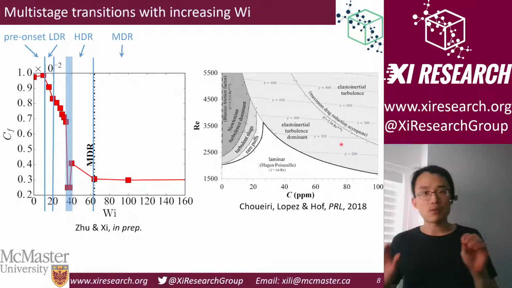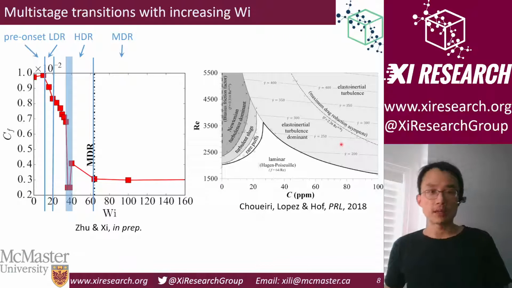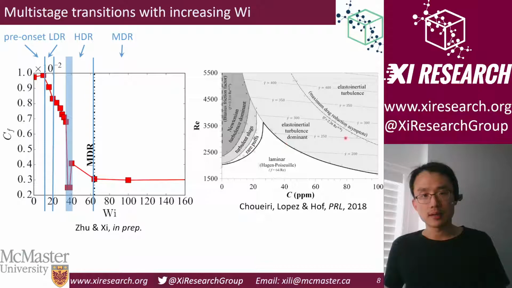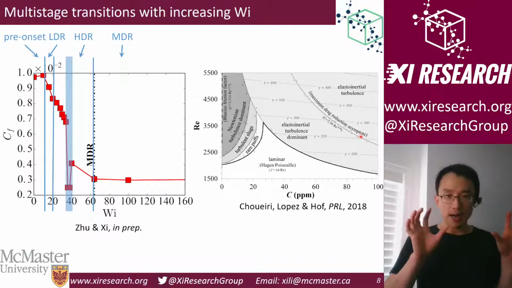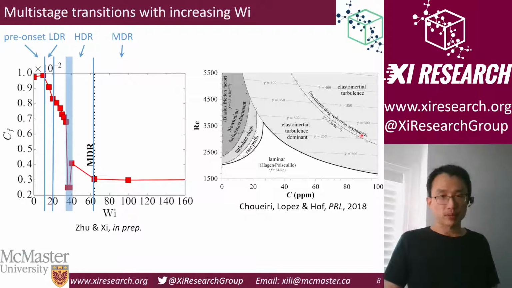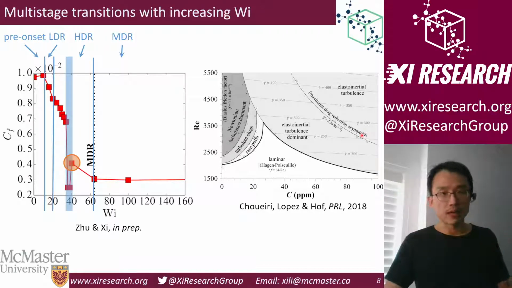This is exactly what was observed in recent experiments by the Hof group, in which if you increase the polymer concentration at a fixed Reynolds number, you get turbulence, then laminar, then turbulent once again. So this kind of separation indicates that there are at least 2 different mechanisms for turbulence. The second is presumably related to EIT.